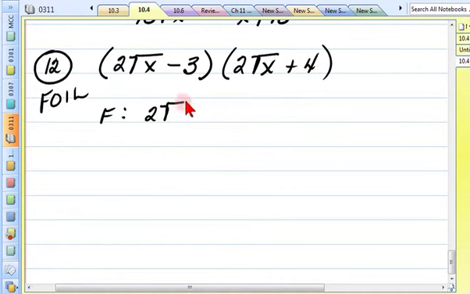It's going to be 2 times the square root of x times 2 times the square root of x, which gives us 2 times 2 is 4, rational 4, not taking the square root of it. What's the square root of x times the square root of x? It's the square root of x squared, which is back to plain old x.